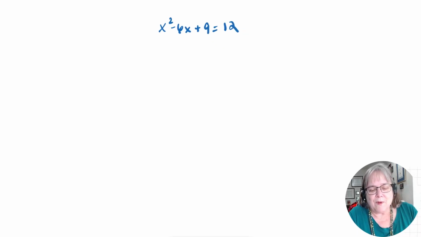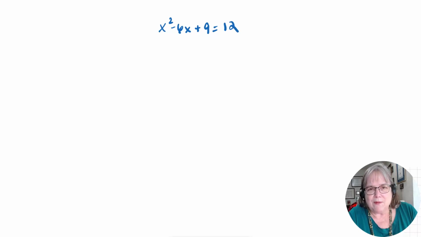Now, here we go. This is based on what we did in the previous video where we were square rooting both sides. So I'm just going to remind you about where we were. We had a problem similar to this. We looked at the left-hand side as if the 12 wasn't there on the right, and we tried to factor the left-hand side.